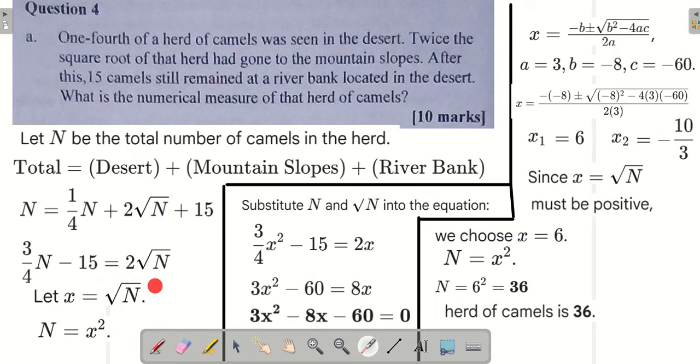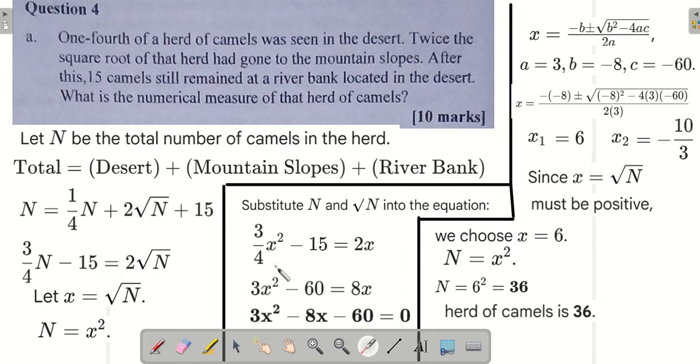Square both sides, so you will get n equal to x squared. Now we are going to substitute these two back into the original. Wherever I see root of n, I'll put x there. Wherever I see n, I'll put x squared there. So I'll get 3/4 x squared minus 15 equal to 2 times root of n, which is 2x.